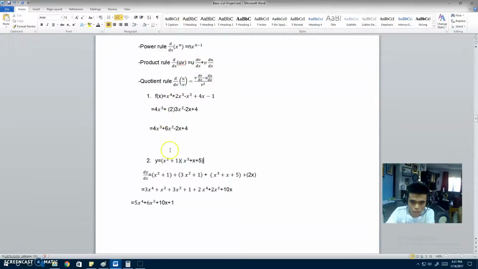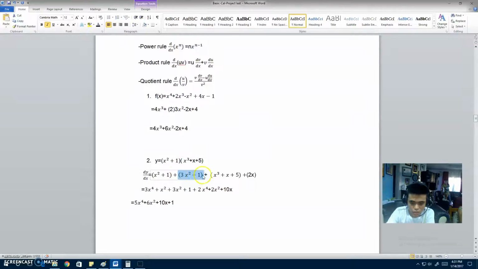So copy the u, just copy this one here, and then find the derivative of this one. So the derivative of x to the power of 3 plus x plus 5 is this one.